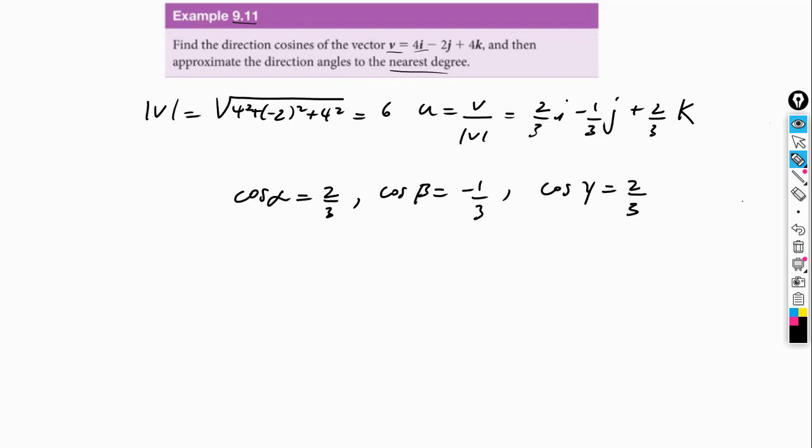Then that means that alpha is going to be approximately 48 degrees, beta will be approximately 109 degrees, and then gamma will be approximately 48 degrees.